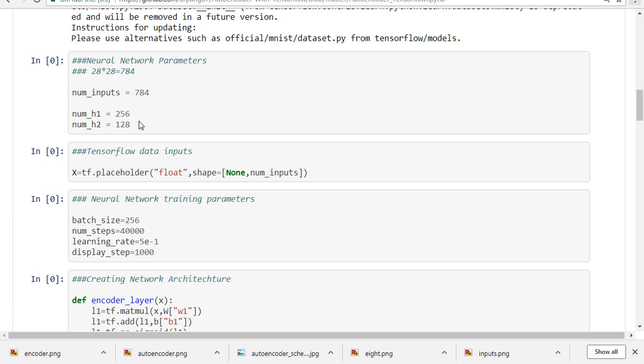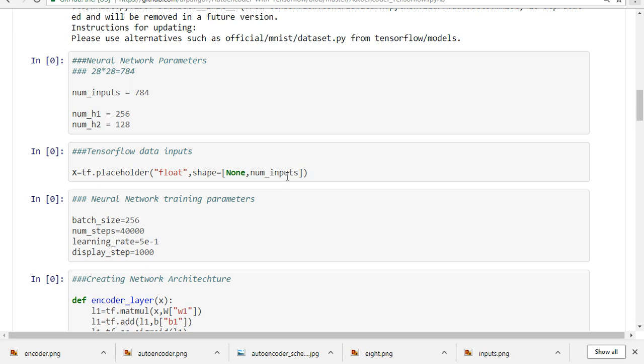So we are having the actual data which will be fed as x with the tf.placeholder float, and the shape is None for the batch size, which we don't know and which we will define during the session training, and num_inputs as 784.